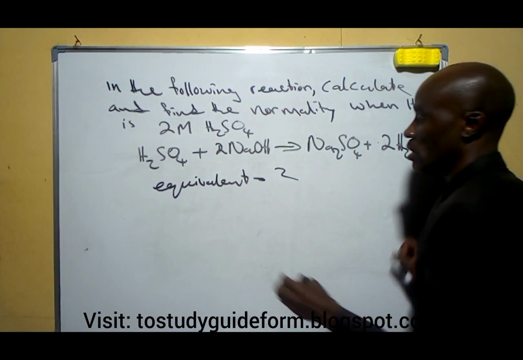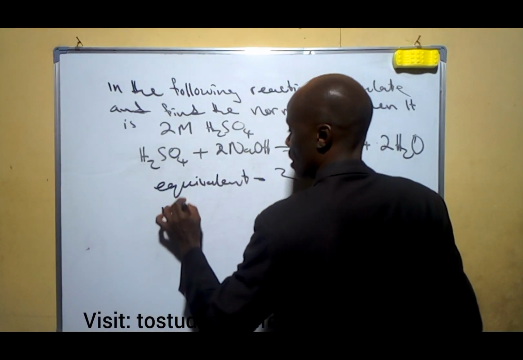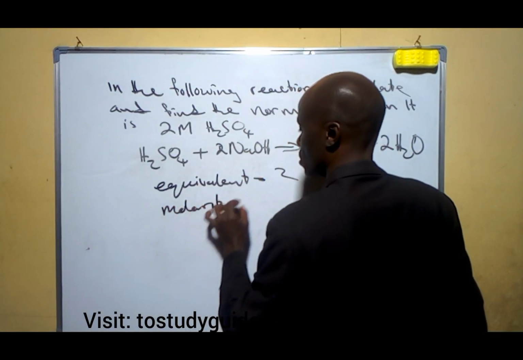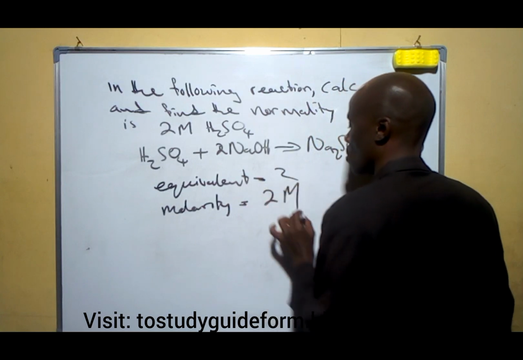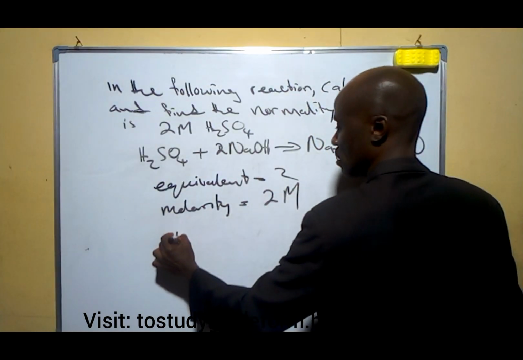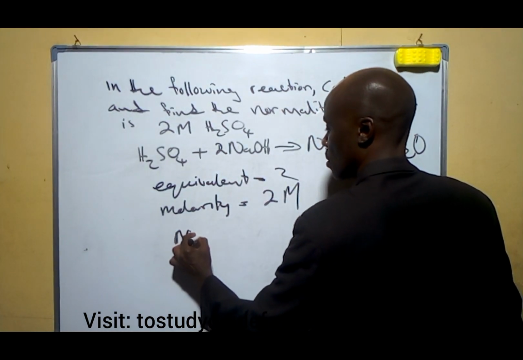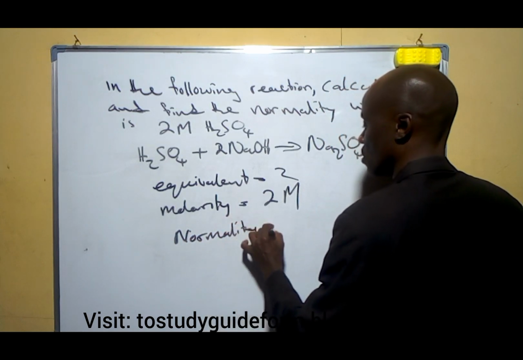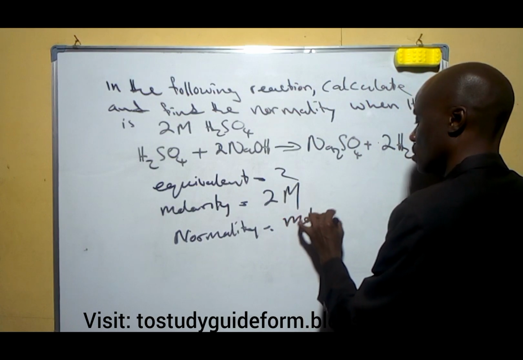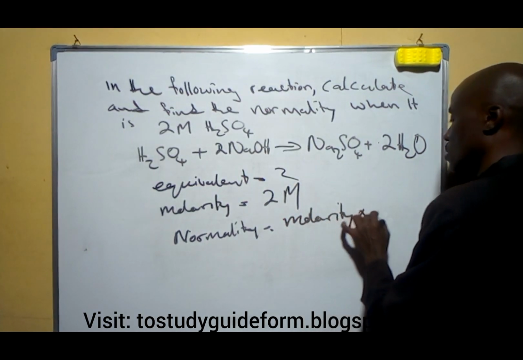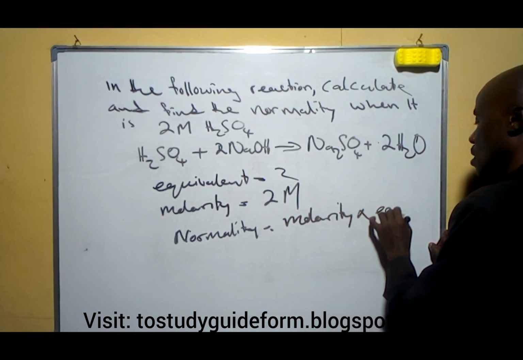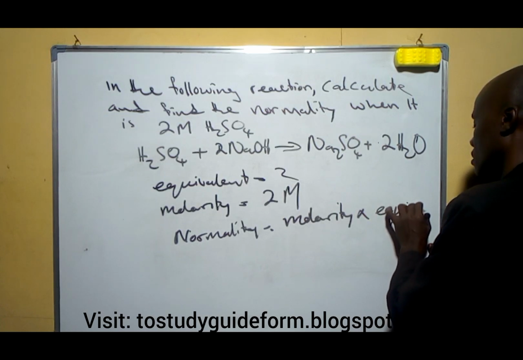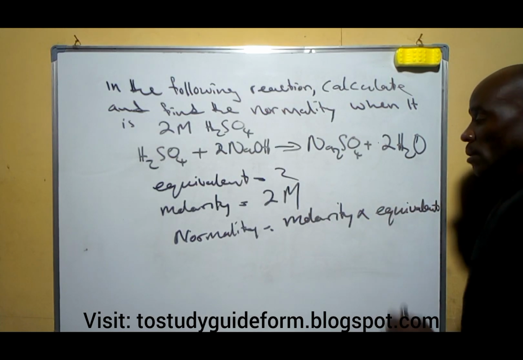The molarity is already given to us, which is 2 mole. And we know that normality is equal to molarity times equivalent.